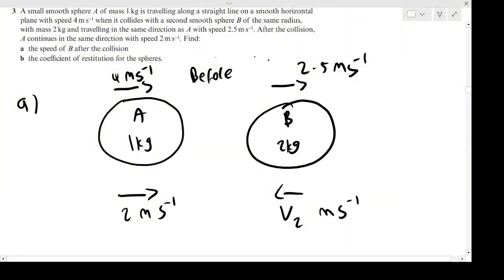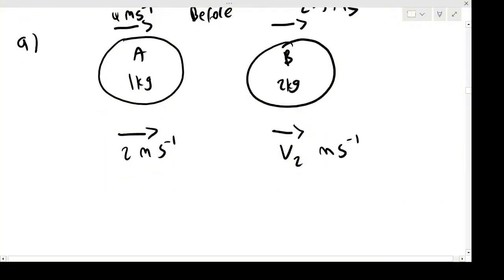That doesn't make sense. So B can only be pushed forward. It can't just get past A. It just has to move forward. Okay, and so there we are. So those are my speeds. Hopefully happy with that. That's how we're going to want to set up these questions.